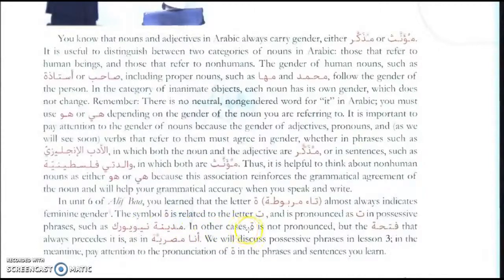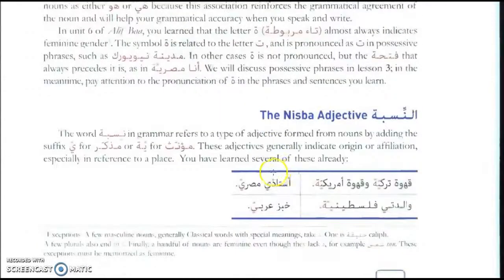In other cases, ta marbuta is not pronounced, but the fatha that always precedes it is, as in ana masriya. So, even though we have a ta marbuta here, the T is very often not pronounced as a T. We will discuss possessive phrases in Lesson 3. In the meantime, pay attention to the pronunciation of ta marbuta in the phrases and sentences you learn.